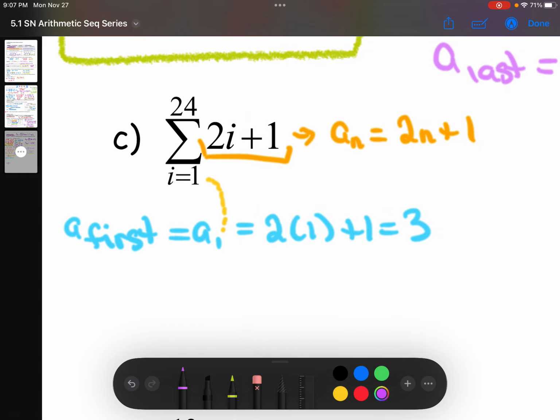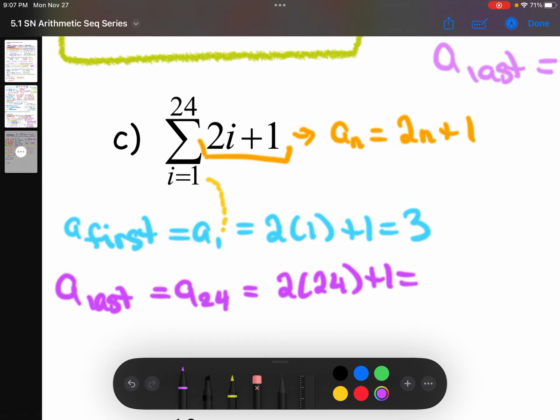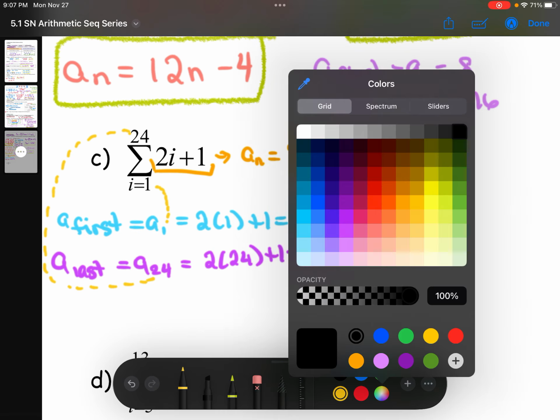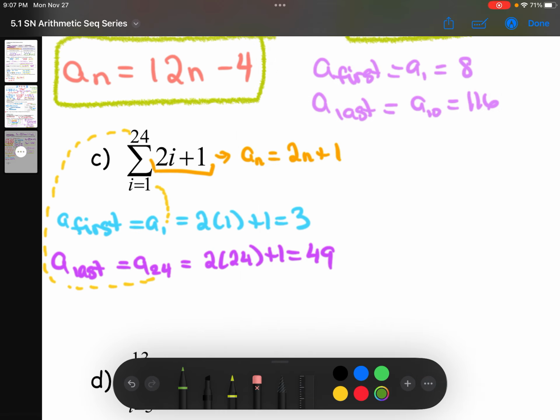And then a last is a sub 24. So 2 times 24 is 48 plus 1 is 49. The 24 came from here. Now from 1 to 24, there are 24 terms.